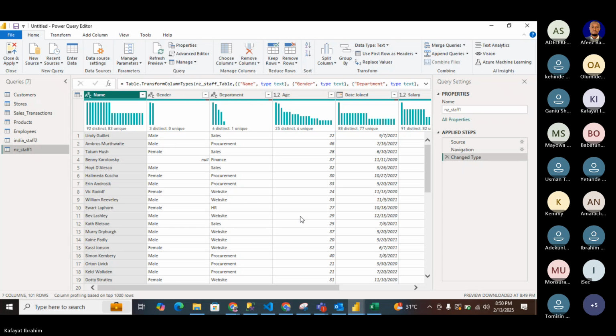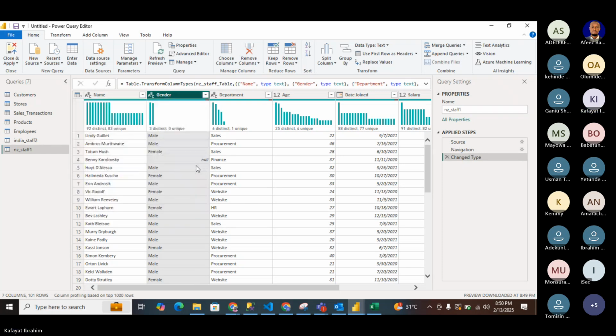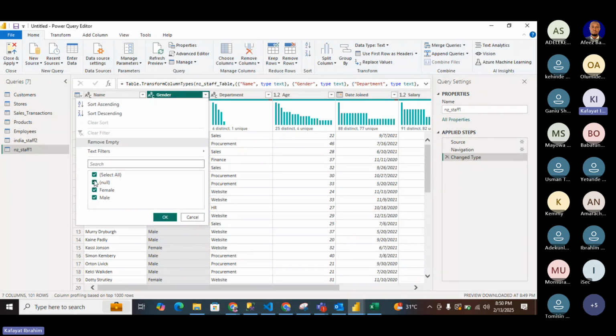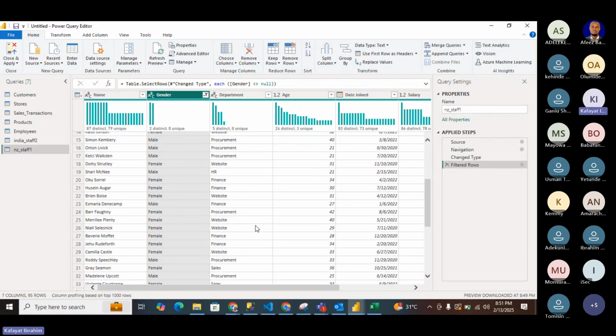Okay, I see it now. It has even detected that it's null. You've seen it, it has shown that there is a null value here. Are you seeing it? If I remove this, you see, there's no missing value again in this data.